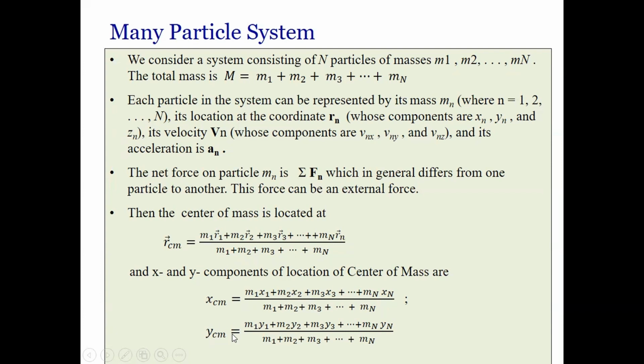A similar formula for y center of mass will be written m1 y1 plus m2 y2 plus m3 y3, and so on till mn yn, divided by the total mass.